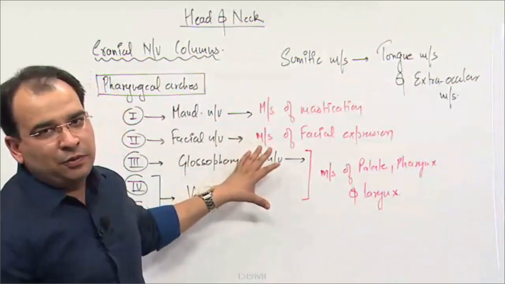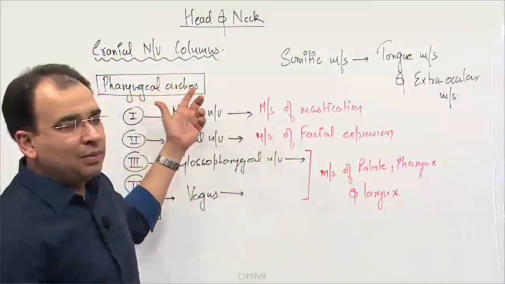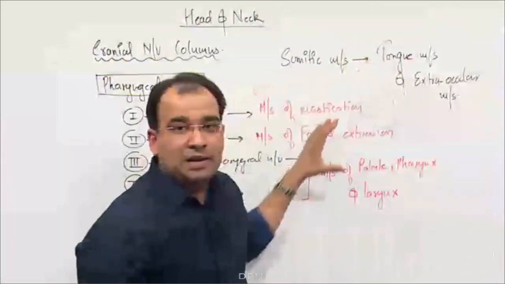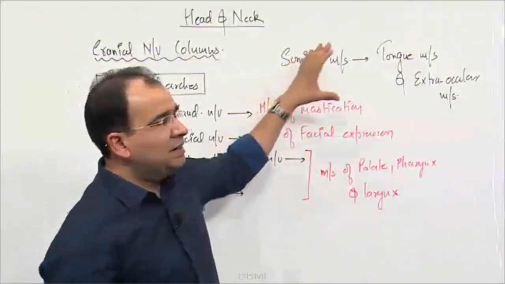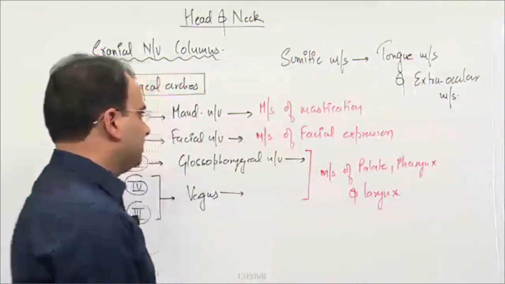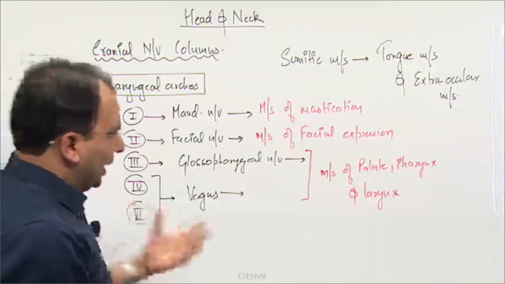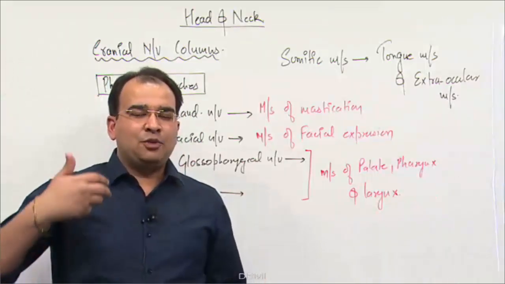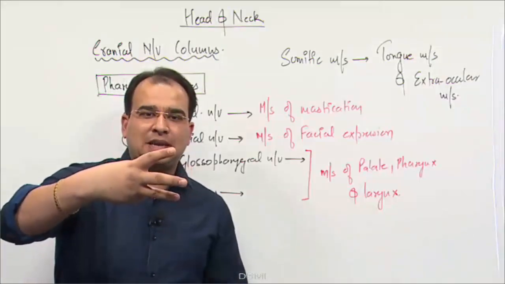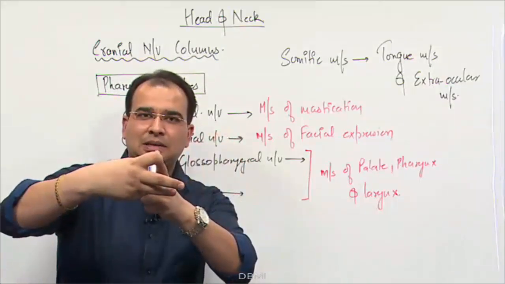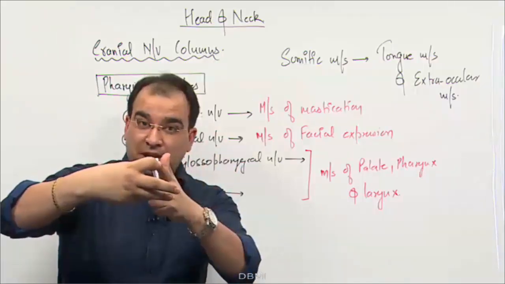Why I am telling you this before talking about the cranial nerve nuclei: because these muscles will be supplied by different sets of cranial nerve nuclei, or you can say different cranial nerve columns. So in the head and neck, if I have to give the efferent, I need to give efferent to three types of structures, guys. One, we have to supply the skeletal muscles which are derived from pharyngeal arches.